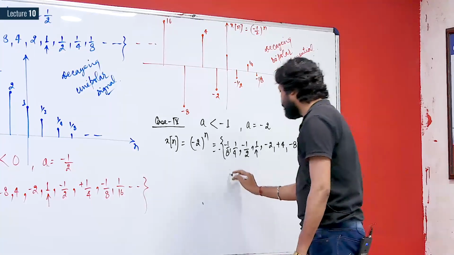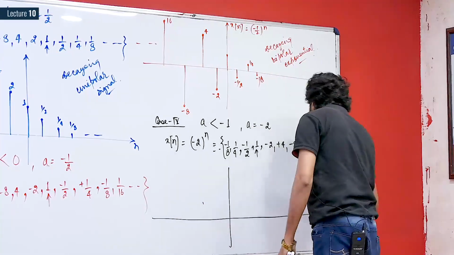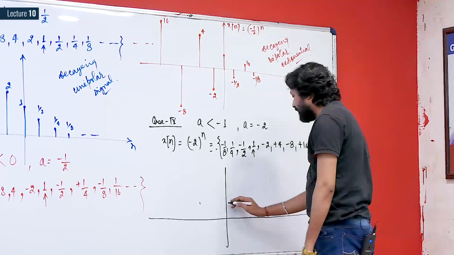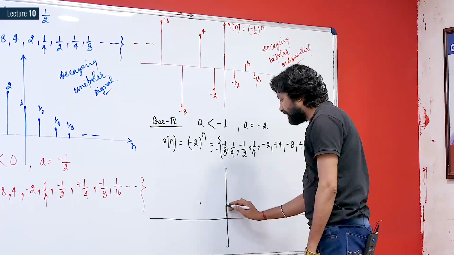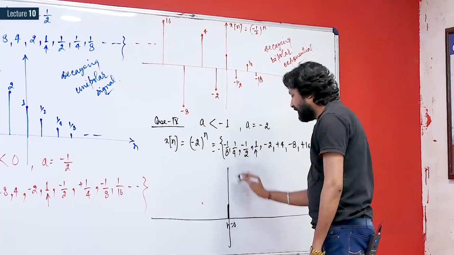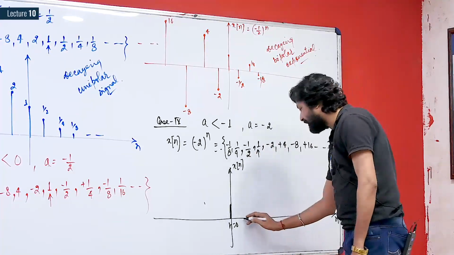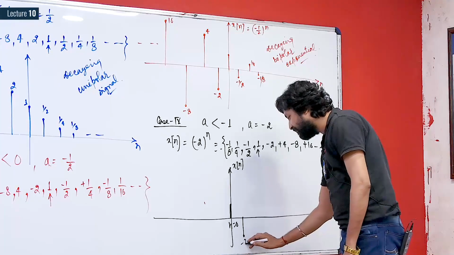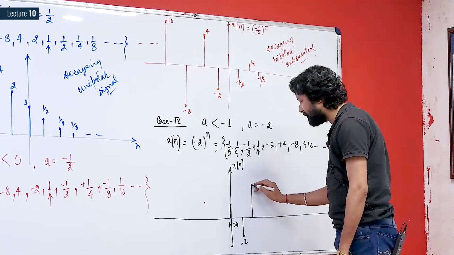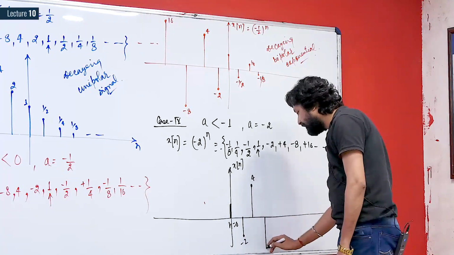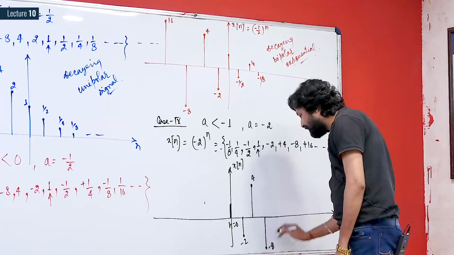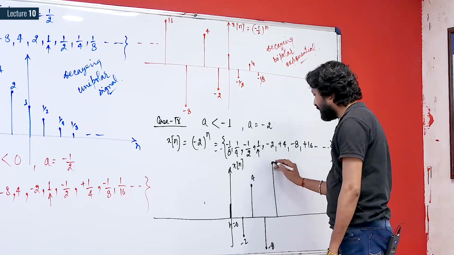Again you can plot this signal. It has value 1 at n equals 0, this is your signal x of n. At n equals plus 1, the value is minus 2. Then at n equals 2, the value is plus 4, then minus 8, next value is plus 16 and so on.